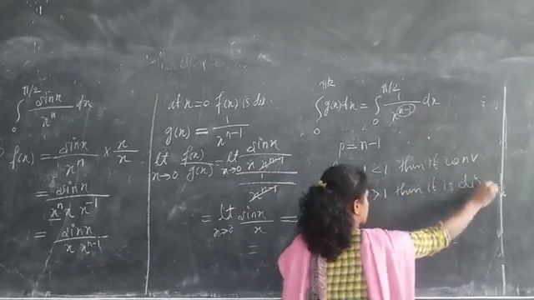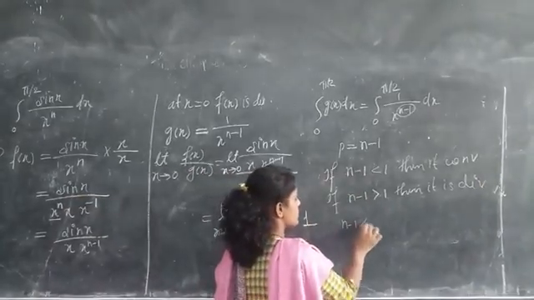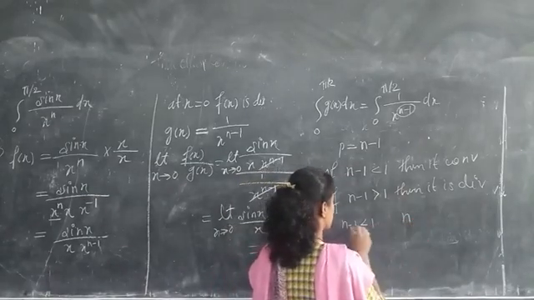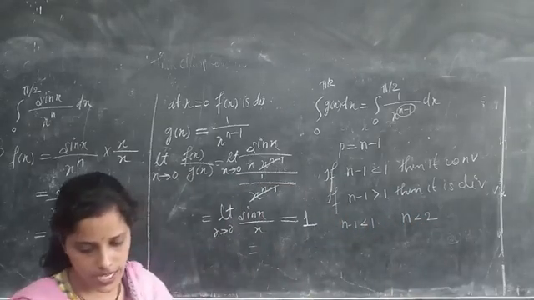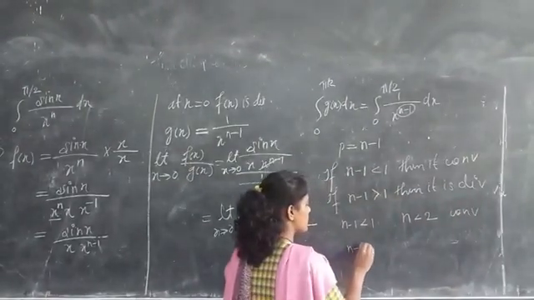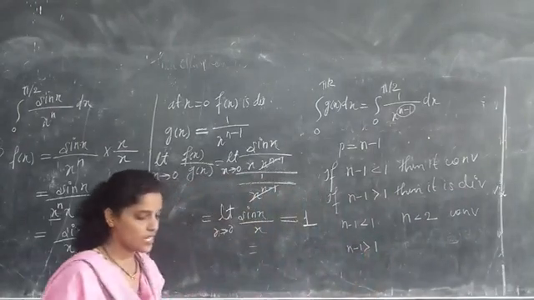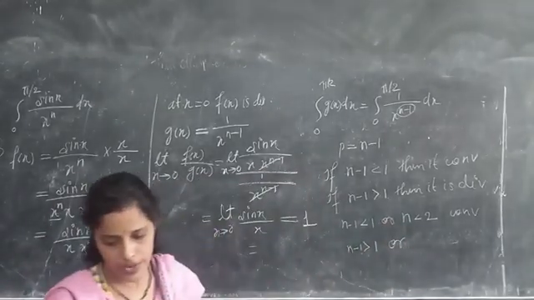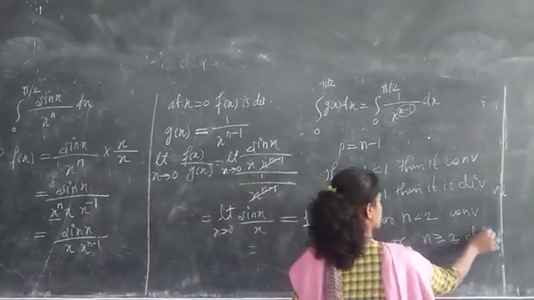Or we can write n minus 1 less than 1 as n less than 2, which is convergent, and n minus 1 greater than or equal to 1 as n greater than or equal to 2, which is divergent.